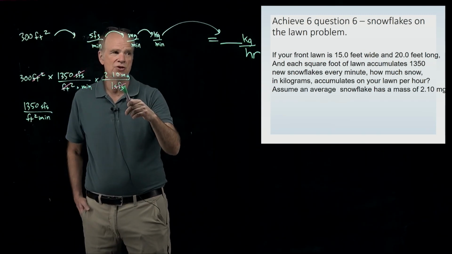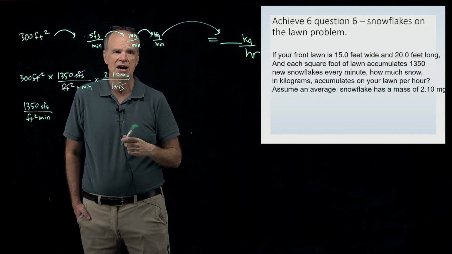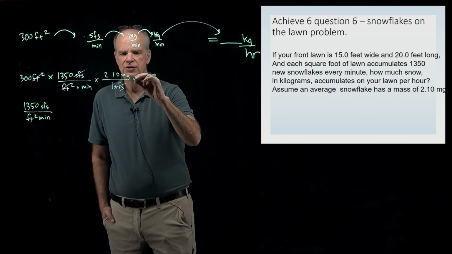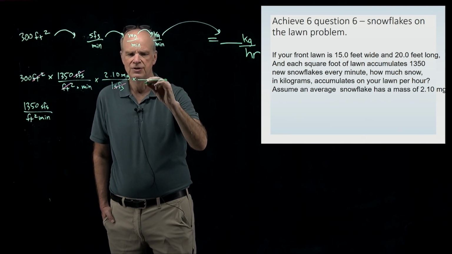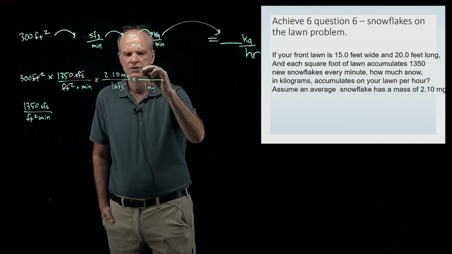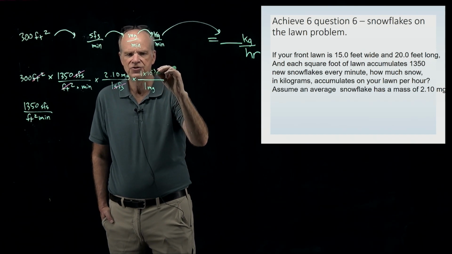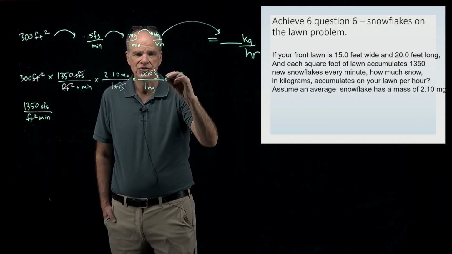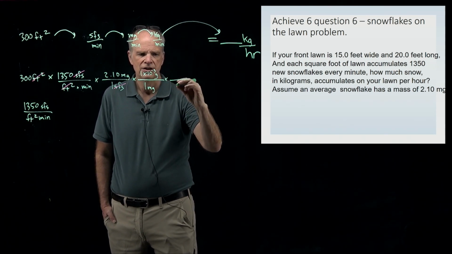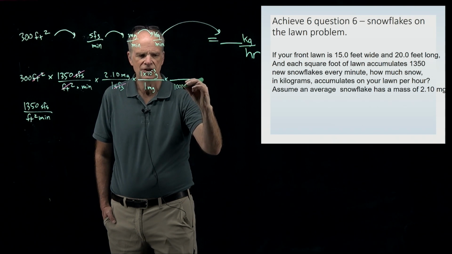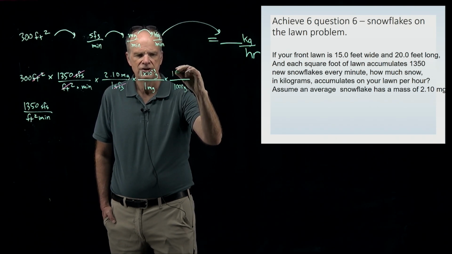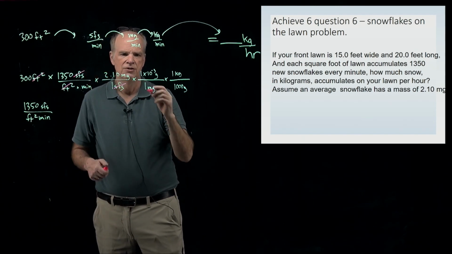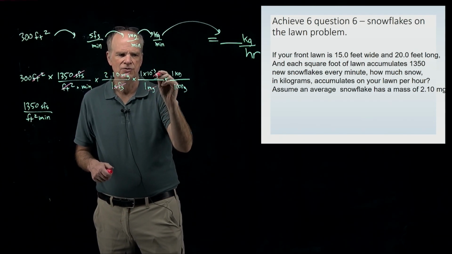And then to get from milligrams per minute to kilograms per hour is probably something you know how to do. I'll just write out the fractions really quickly. So the next one would be what? You have 1 milligram here, 1 times 10 to the negative 3 grams here to get milligrams to grams. Now we have to get grams to kilograms. So what we want here is 1,000 grams here, and then we want 1 kilogram there. And now let's see what cancels out here. We have milligrams cancels out, grams cancels out.